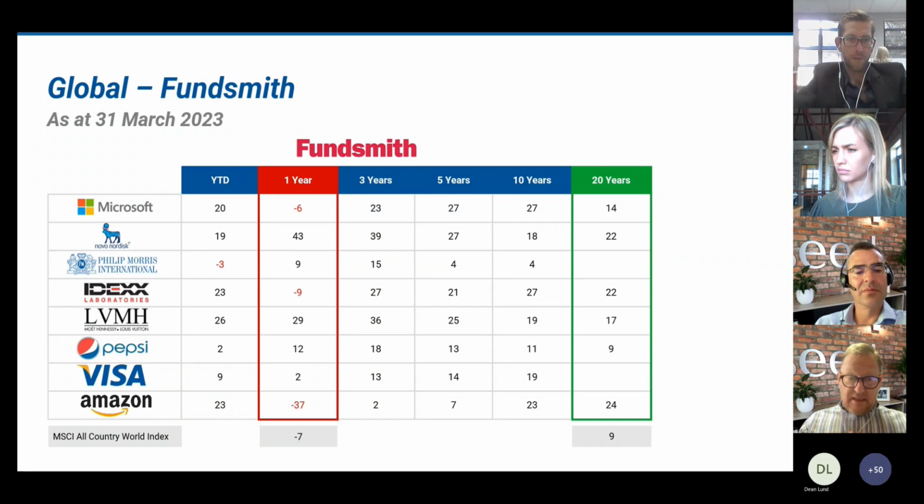You look at other businesses like Microsoft, which they both invested into, and that company's generating again 27% compounded return in dollars over 10 years, 14% over the 20 years.